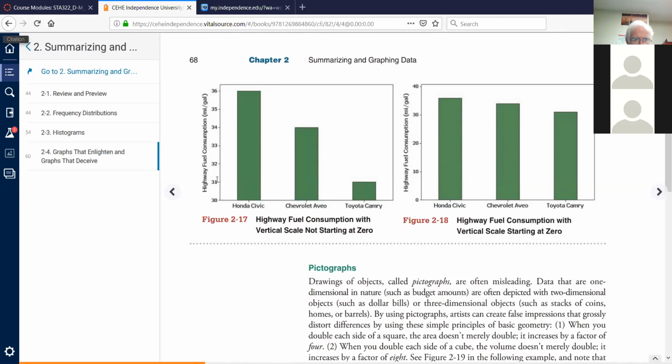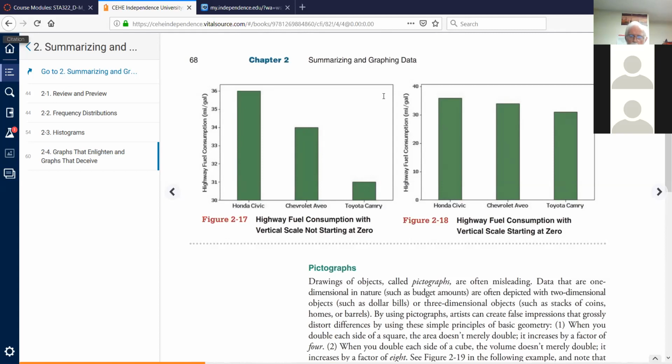If we are looking at a graph that goes from 30 miles to the gallon to 36, then it looks like the Civic just beats the dickens out of the Chevy and especially the Camry. But we've skewed the look, because if we start at 0, which is a natural starting point, then the differences are much smaller.